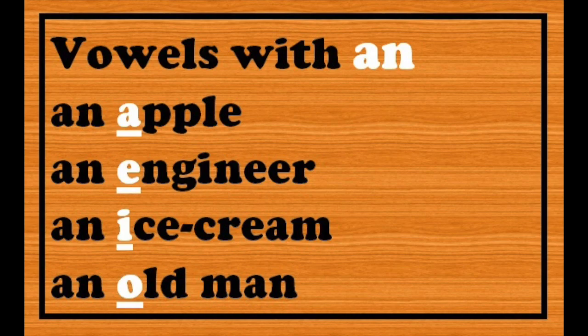So these all are vowel sounds. Here we use "an". Remember, in speech we don't use "ayn" but "an": an apple, an engineer, an ice cream, an old woman.